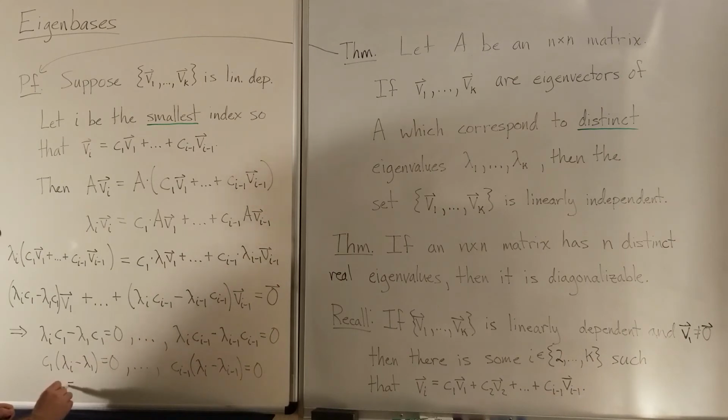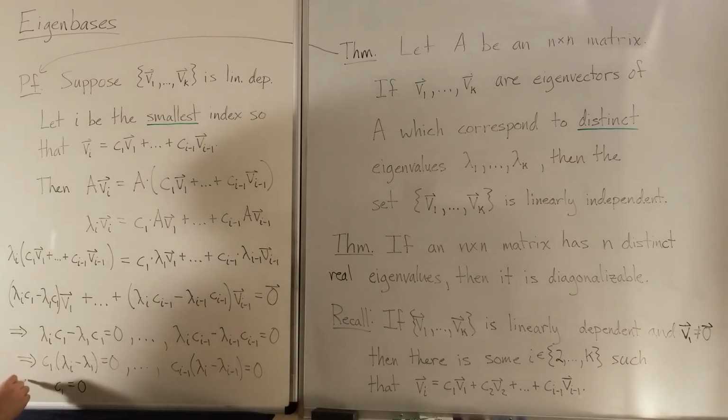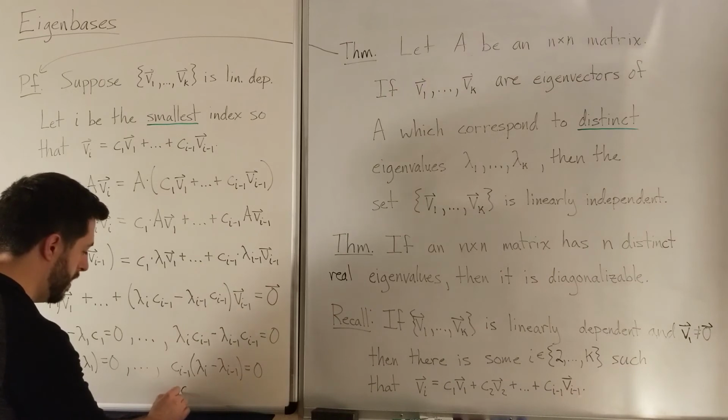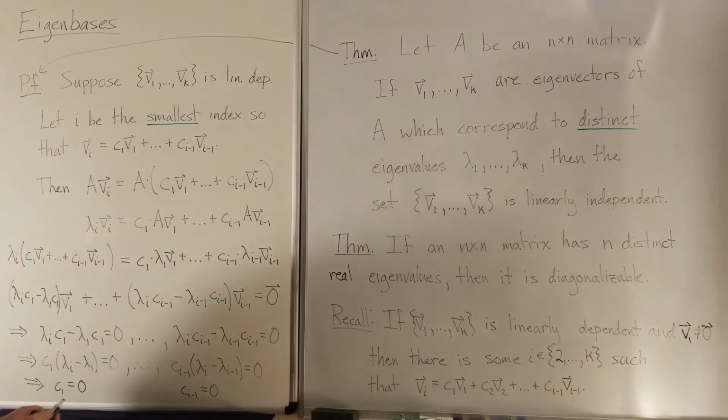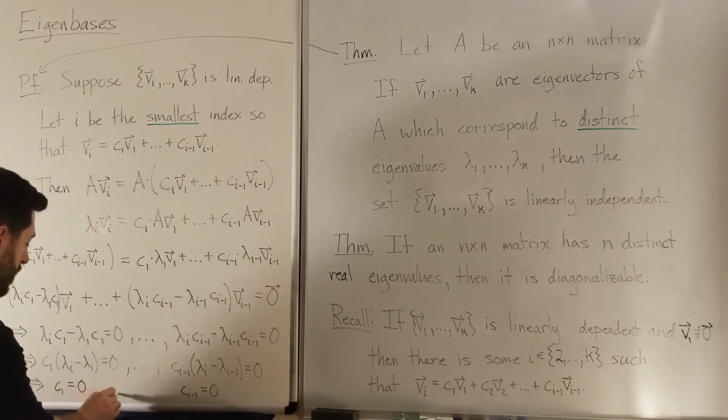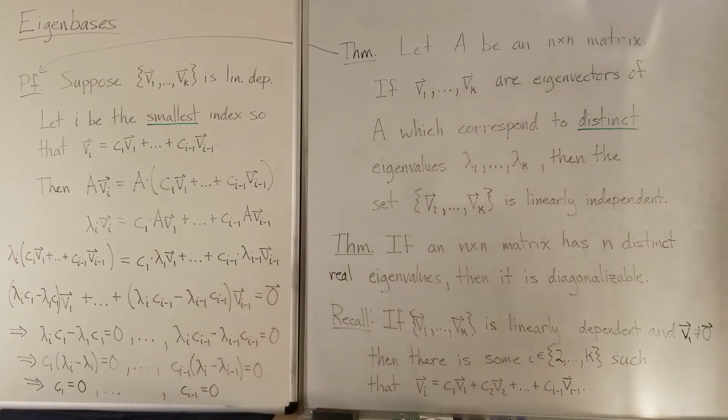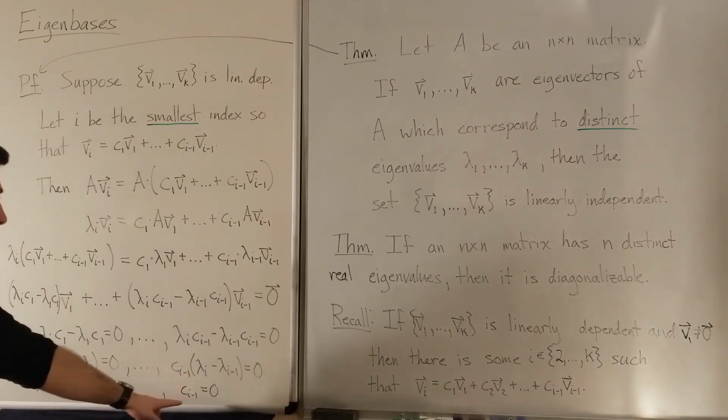So c1 must be 0, c2 must be 0, c3 must be 0, all the way up through c_{i-1}.